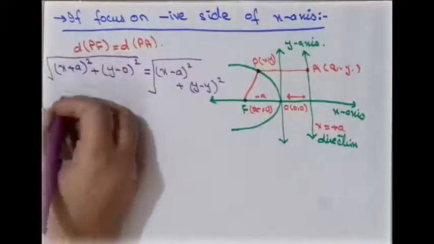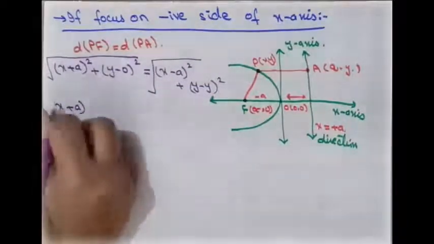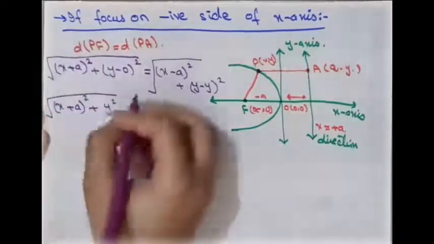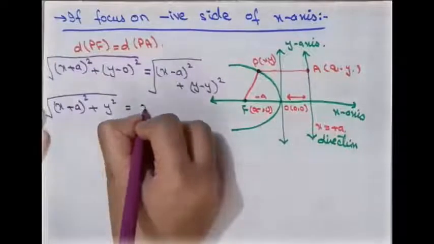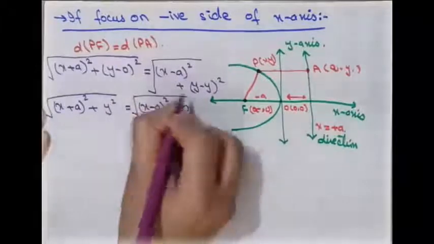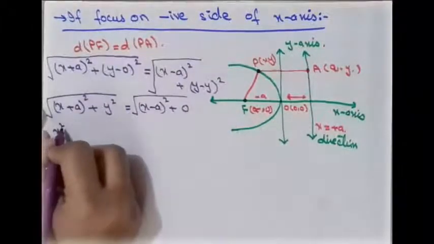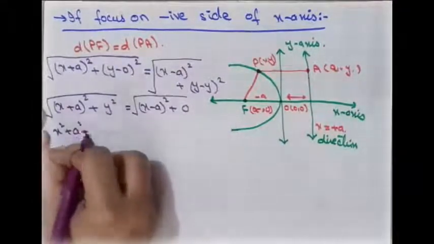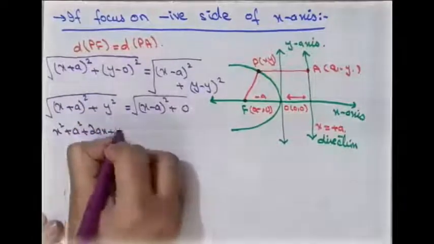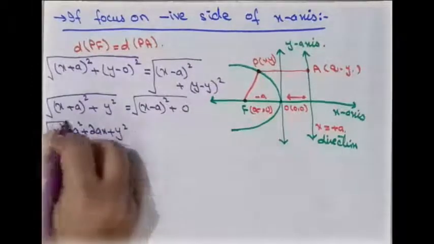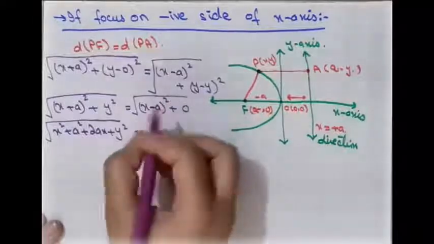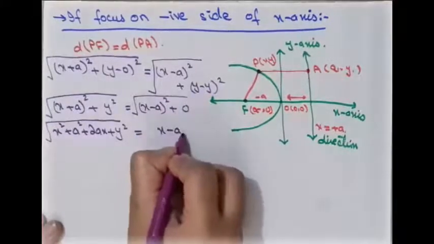Now to solve it, x plus a square plus y square under the root sign equals x minus a square plus 0. We can write it as x square plus a square plus 2ax. Basically we open the square of this factor, and the y square similarly, and the square is cancelled out with this radical sign, so we are left with x minus a.